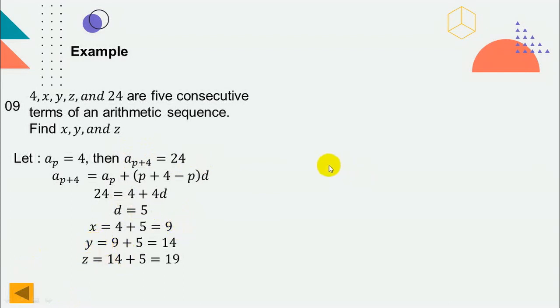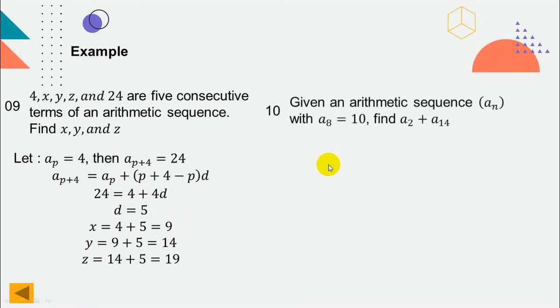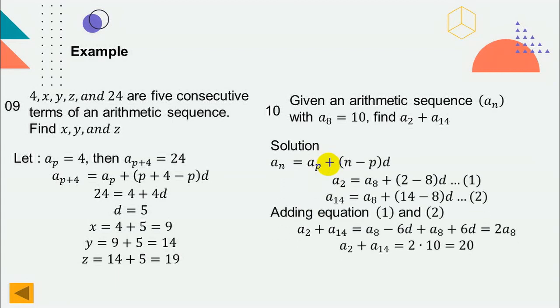Okay, everyone? And then for number 10, given an arithmetic sequence with the nth term, the eighth term is 10, and then find the second term plus the 14th term. So from here, we have the 8th term and then the 2nd and then the 14th. So you need to connect the second term with the eighth term and then the 14th term with the 8th term.